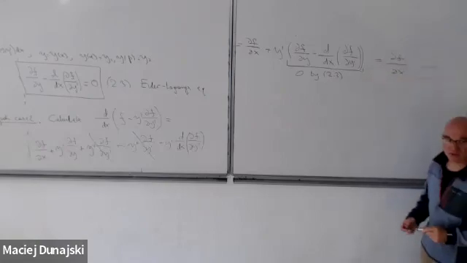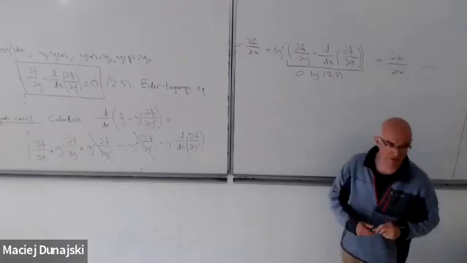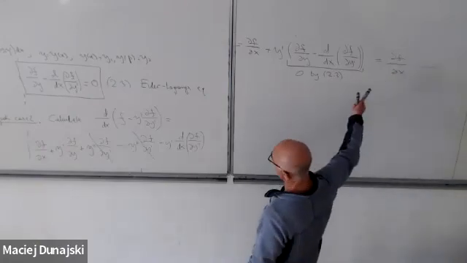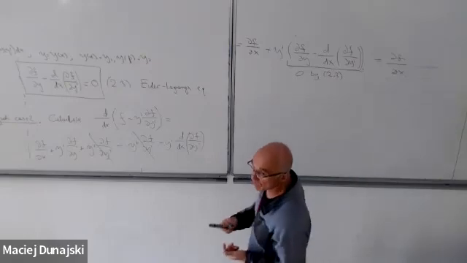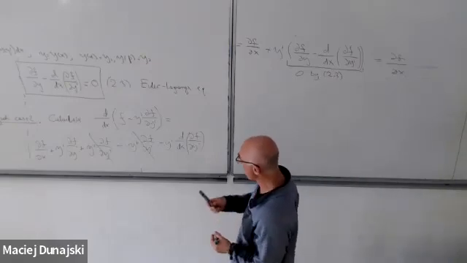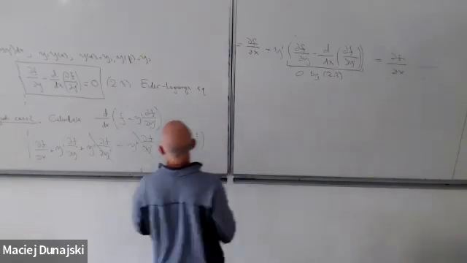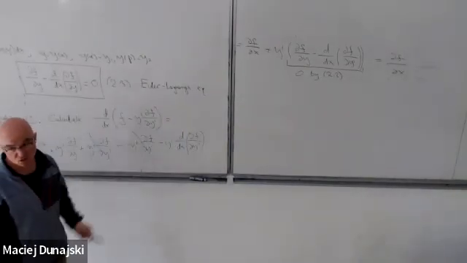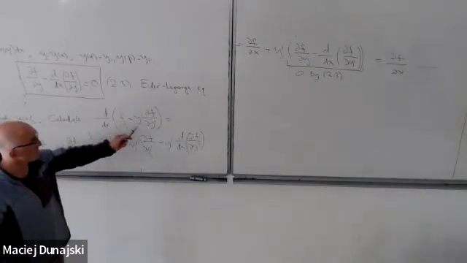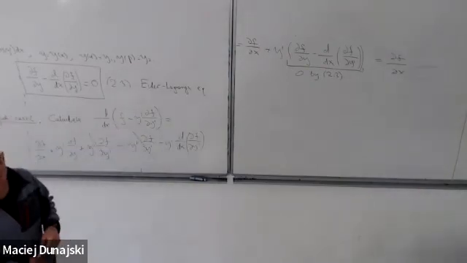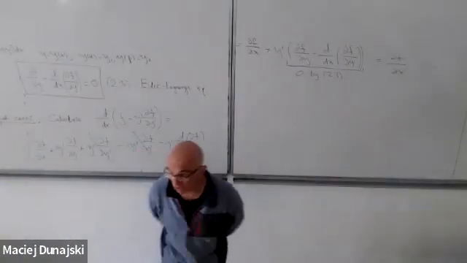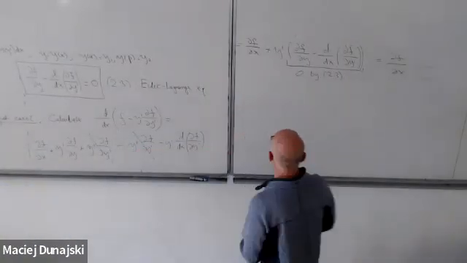Now, if little f doesn't explicitly depend on x, then the whole thing is just 0. But then we've discovered another first integral, because if this derivative is 0, then the term in the bracket has to be a constant. This expression equals a constant is a first order ODE for y rather than a second.